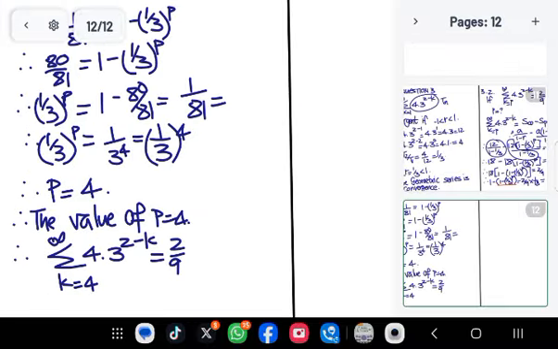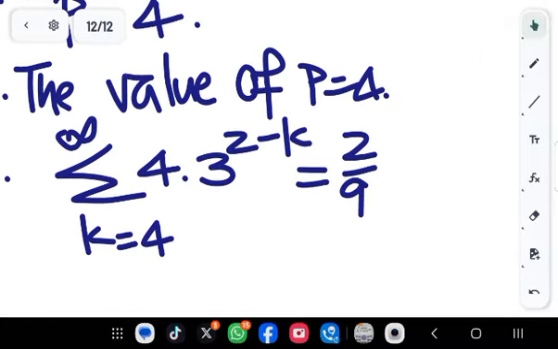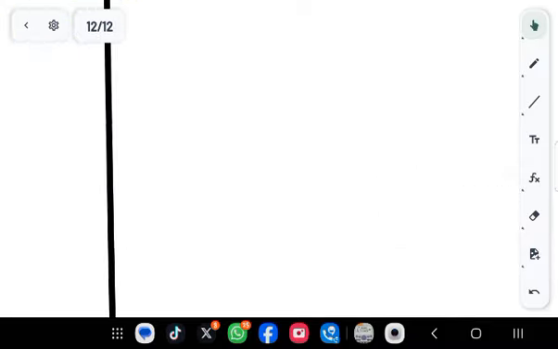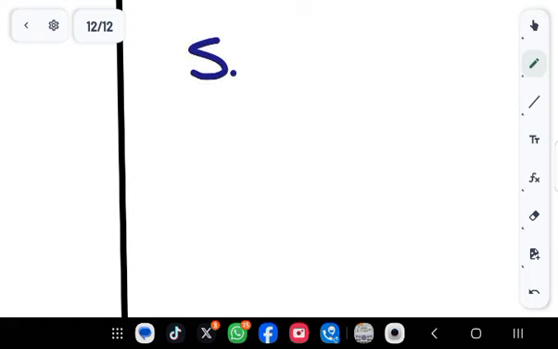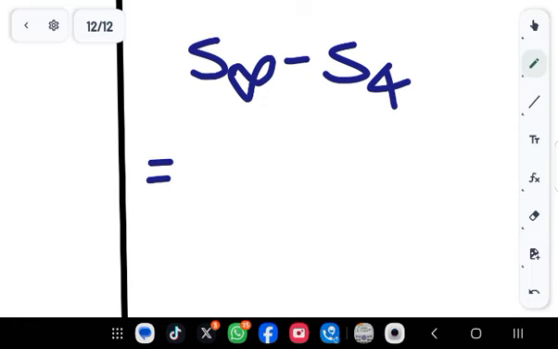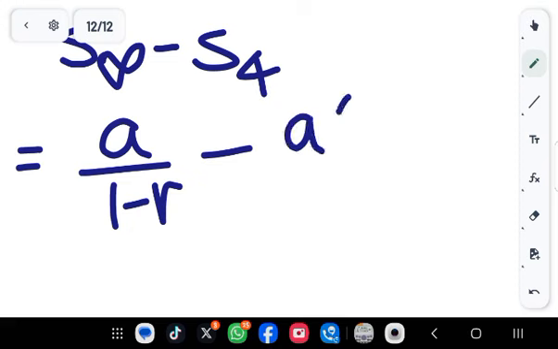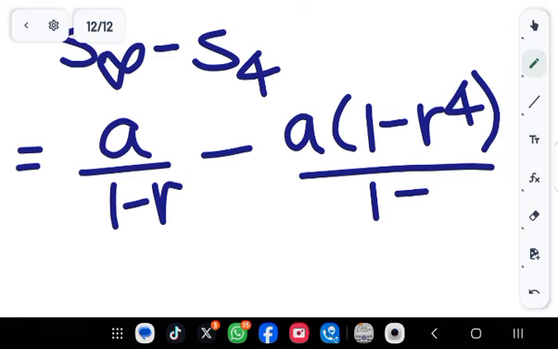Alright, so this is equal to the sum to infinity minus the sum of the first 4 terms, that is equal to a over 1 minus r minus, this is us checking, you don't have to do this, a times (1 minus r to the power of 4) over 1 minus r.